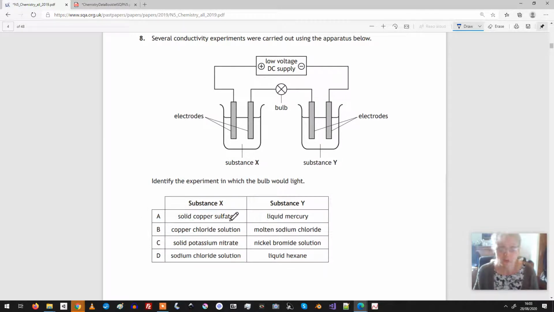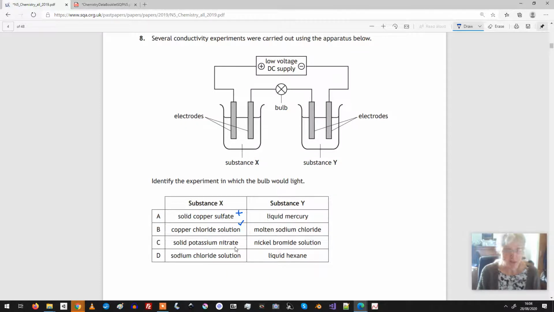Solid copper sulfate, that's a no because ionic compounds don't conduct electricity when they're solid. Copper chloride solution, that's a yes because ionic compounds do conduct electricity when they are in solution.